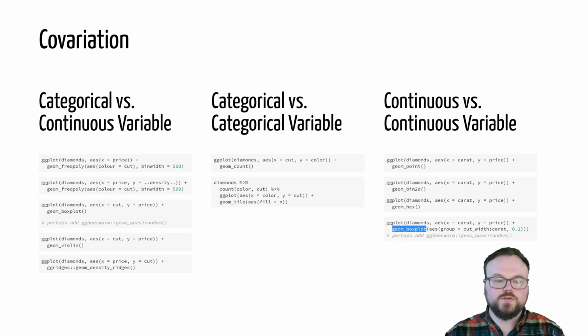Again, you can also use the violin plot, or you can try to add another geom, like geom_quasirandom, which is from the ggbeeswarm package, and it basically overlays the box plot with the individual points, but tries to evade overplotting. You can think of it as similar to the jitter plot that we learned about in one of the last lessons.